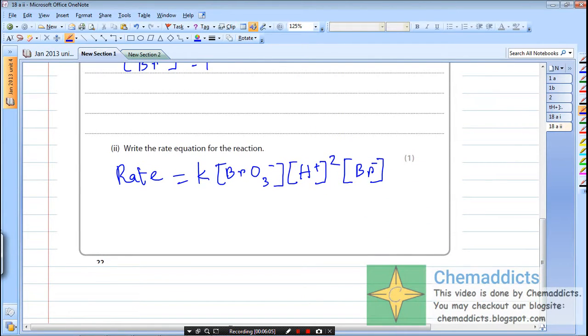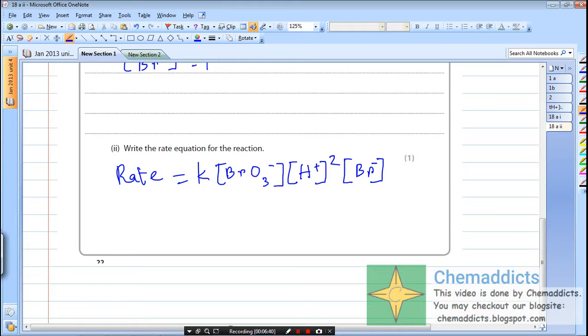Most of the students make mistakes over here. The order of H plus is 2, so it should not be ignored. So we need to be careful about it, and we shouldn't write like this over here. Most students are fond of writing like this.